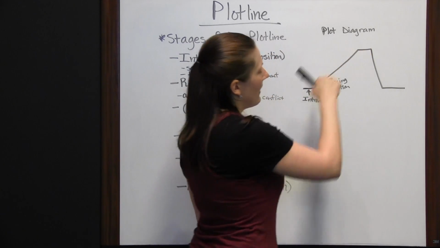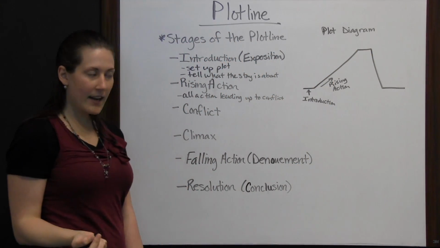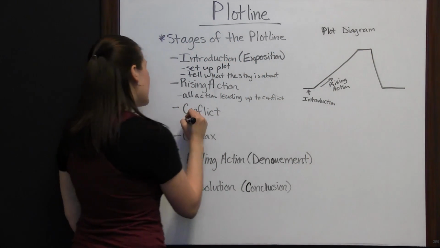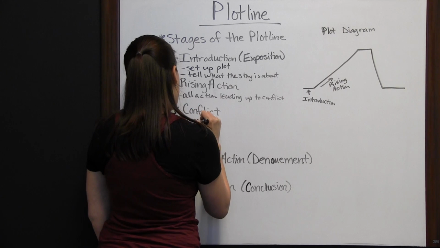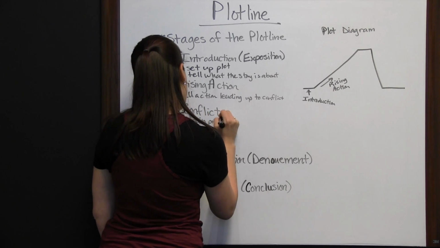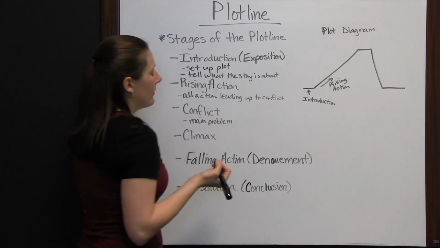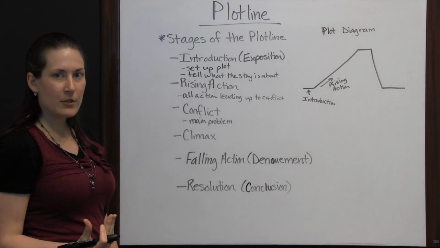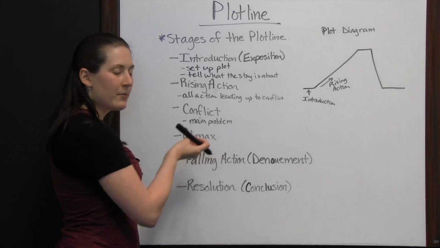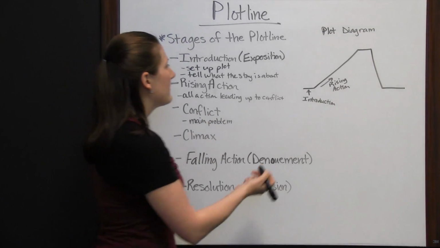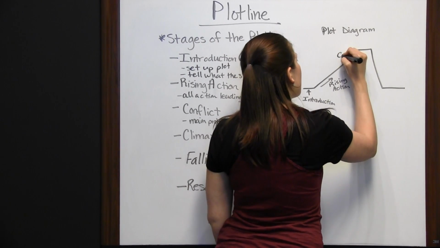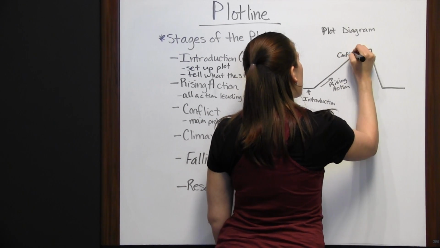And you can see how it rises up the slope of this plot diagram. Now your conflict is going to be your main problem. Now, there may be lots of problems in this particular story, so the main problem is what your conflict is going to be, and that's located further up on the diagram.